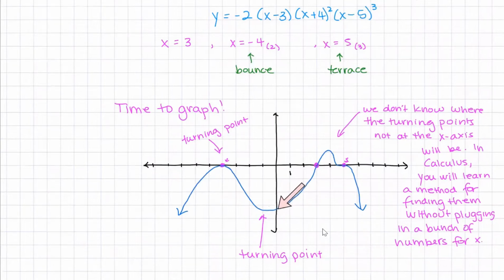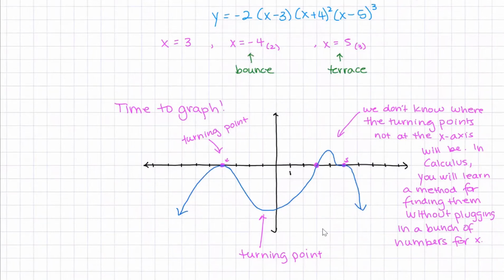Also, that makes us have to put a scale on the y-axis, and we don't know where these turning points are, which may not line up in the right place on the y-axis. So notice I didn't even put any kind of scale on my y-axis. I don't care about that for polynomials. It's all about the x-axis. But we knew the end behavior and we knew the behavior of the zeros, and there's our graph. So any questions about how I got that graph?